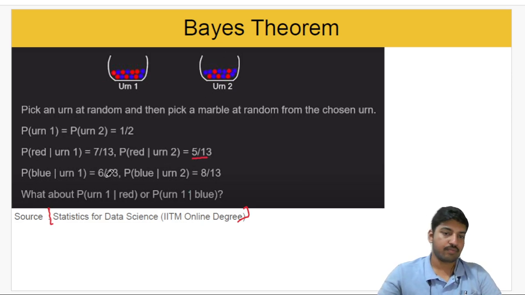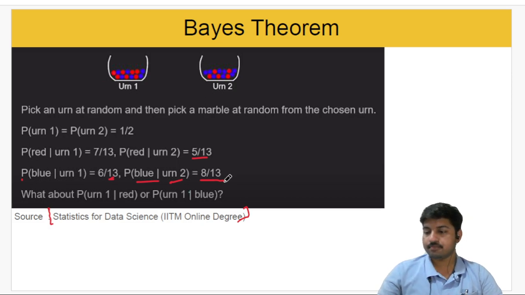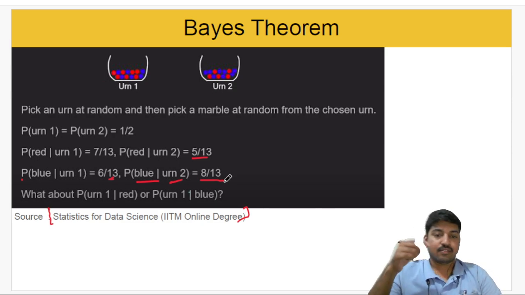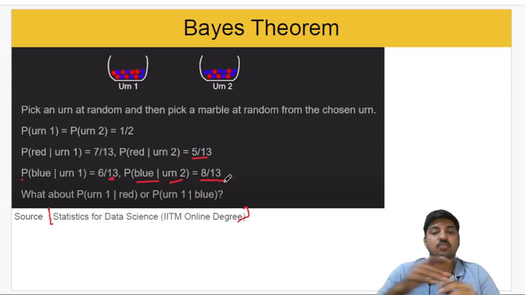What is the probability of blue given urn 1? There are 6 blue marbles and urn 1 has 13 total marbles. So it is 6 by 13. What is the probability of blue given urn 2? There are 8 blue marbles, so it is 8 by 13. Clear? Now we are asked: what is the probability that, given I got a red marble, it is from urn 1?